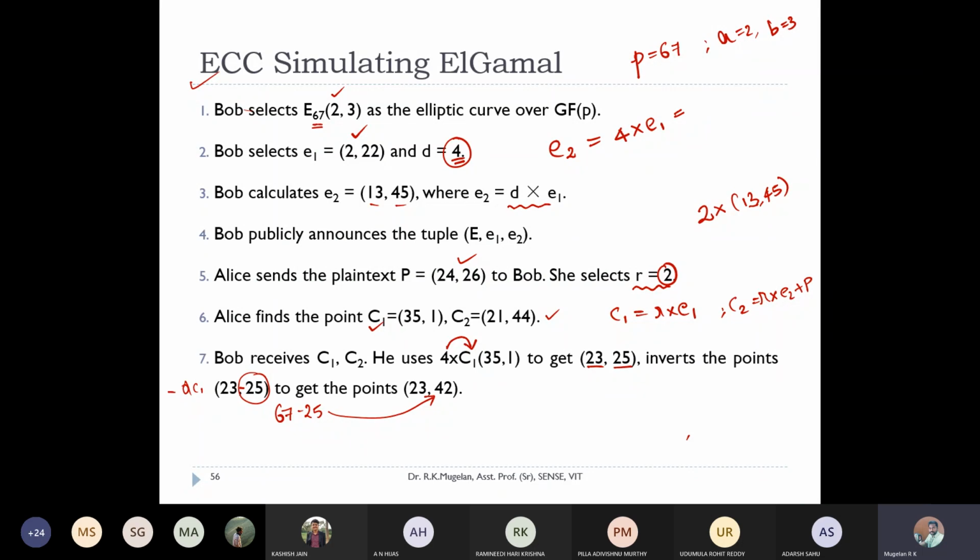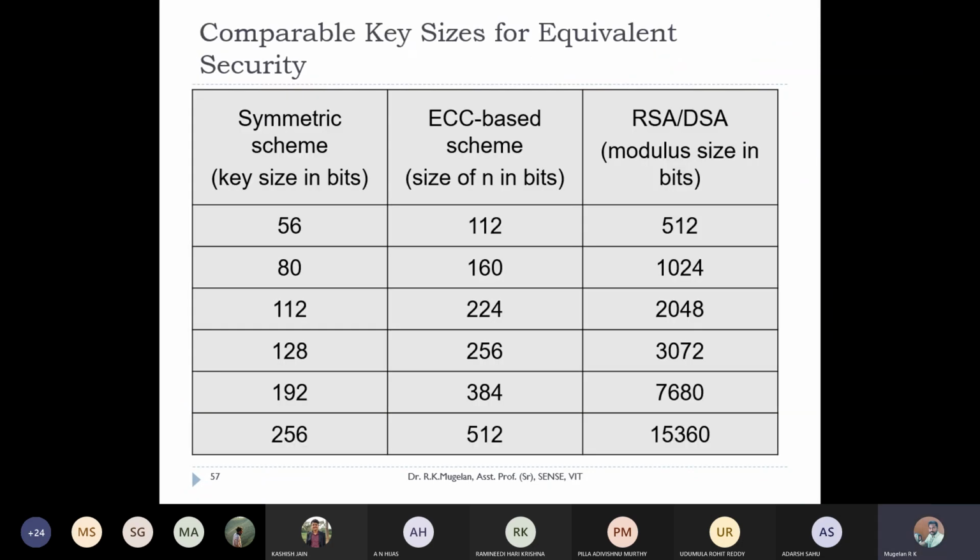Right. So these are comparable key sizes for symmetric key systems. If you have a symmetric key system, for example a 56 bit key size, and you apply ECC to it, it will run for 112 bits. Okay. RSA algorithm, there is another algorithm DSA, we are not covering it.